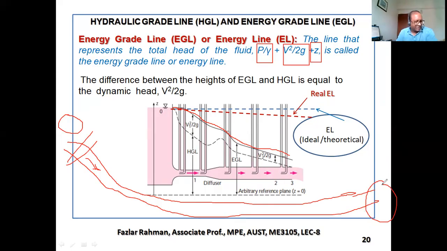Or you think of a pipeline being built from Iran to China. So only one pump, if I put it in Iran, the petroleum will go all the way to China. Is this possible? If it's not possible, then what is the reason? As per Bernoulli's equation, it is possible because the total energy you put, say at the river Jamuna, in the pipeline, you have a pump, a bigger size pump, you put total energy P by gamma plus V square by 2G plus Z equal to 200.